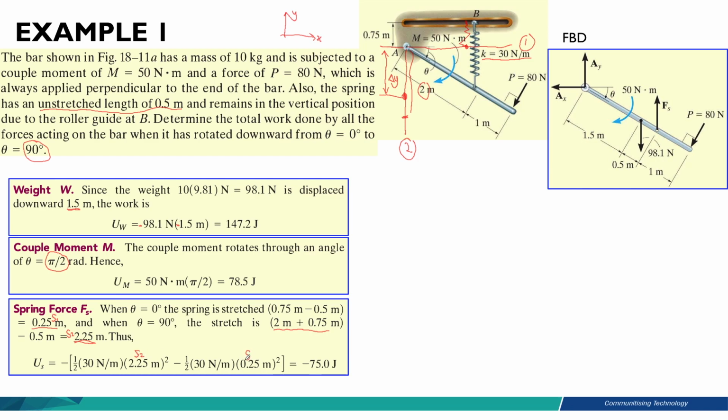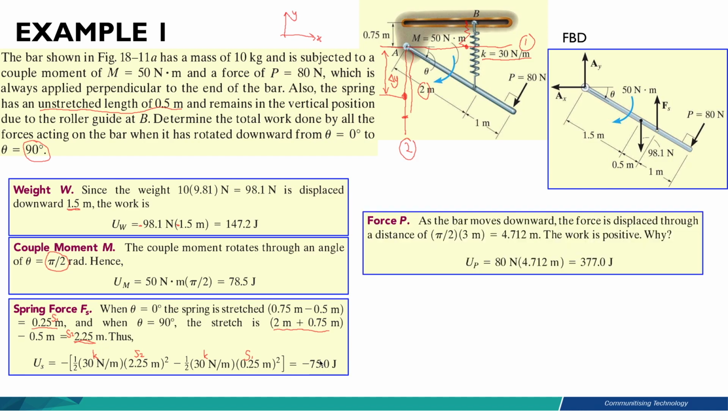So we have minus 75 joule, and remember from our previous slides that the work done by the spring force must always be negative regardless of whether the spring is being compressed or stretched.